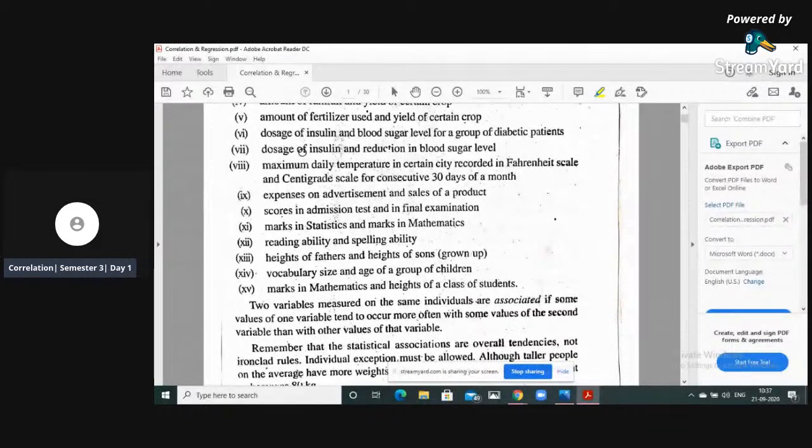That means as the dosage of insulin increases, there is a reduction in blood sugar. Hence the relationship is positive because one variable increases, the other variable also increases. Or if one variable decreases, the other variable also decreases.